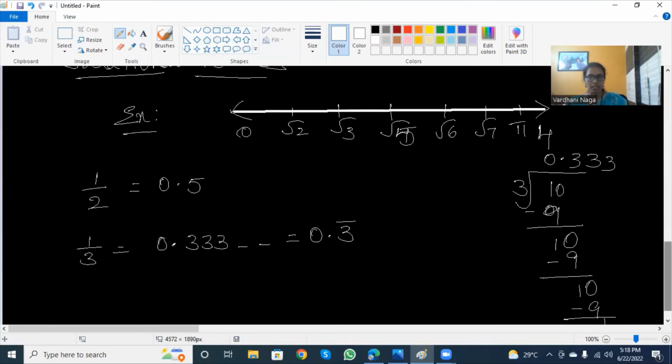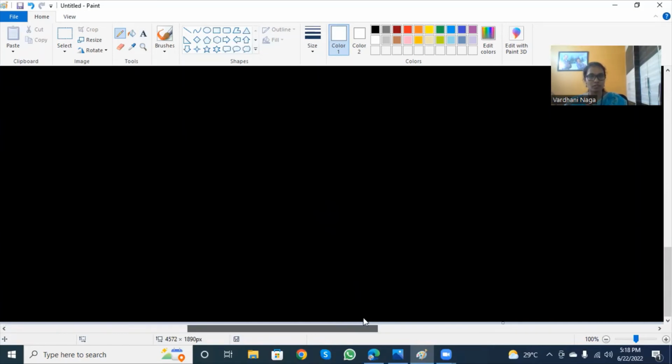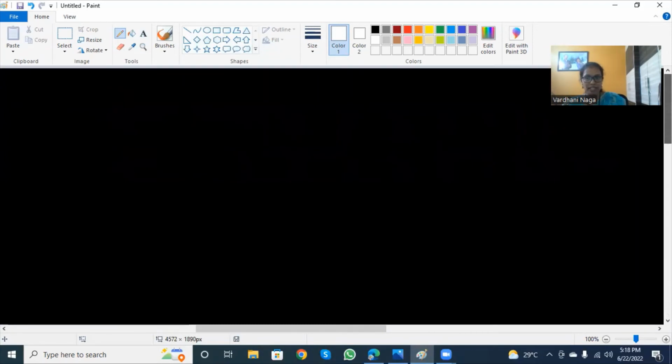Next, 1 by 4. How can we represent the decimal form of 1 by 4? If we divide and check, we will get 0.25. Then what about 1 by 5? 1 by 5 is nothing but 0.2. 1 by 6 is 0.1666, and so on.